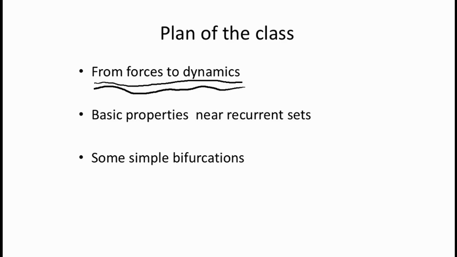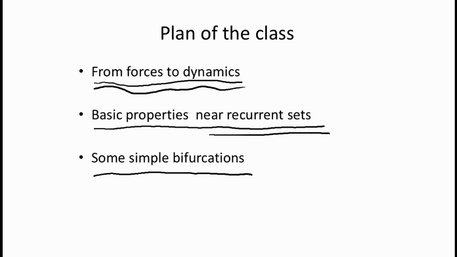And then, of course, because we don't necessarily know the future of a trajectory, I would like to introduce a notion of dynamical systems called a recurrent set, which is the place where we can see a trajectory. And finally, I would like to present a very simple introduction about bifurcation theory, which is important to understand how a dynamical system changes when a parameter or a set of parameters is changing.